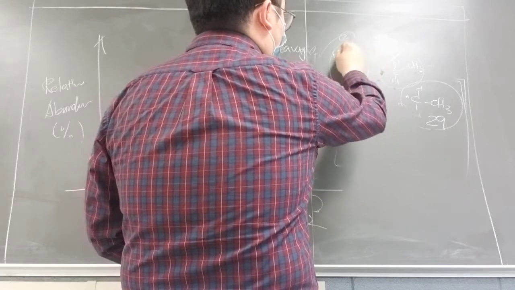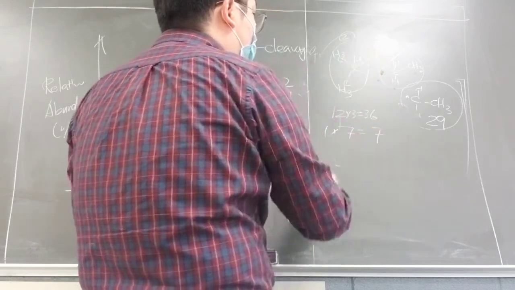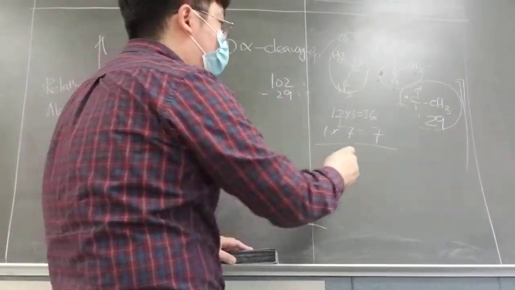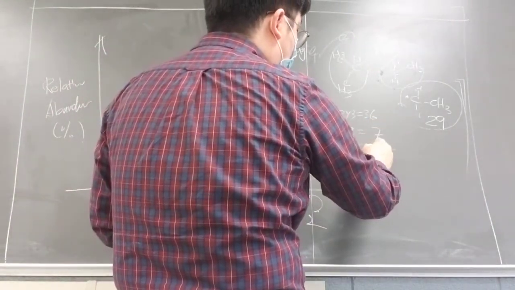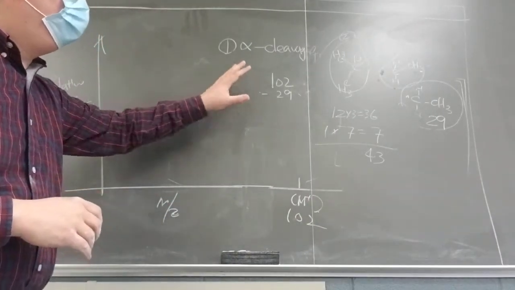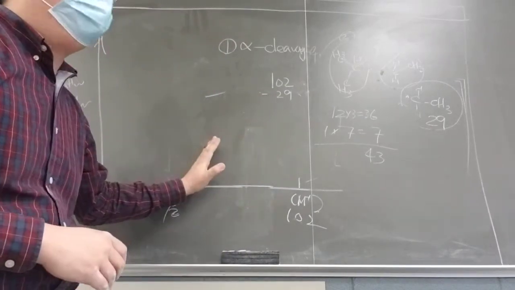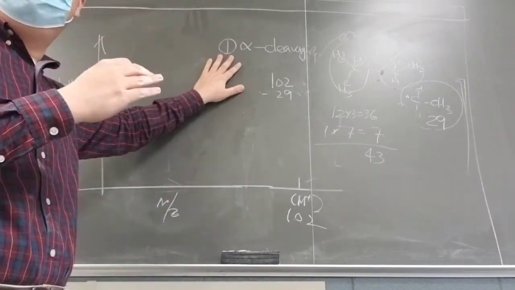But you have 7 hydrogen. So if you add them all, that's going to be 43. So either they're going to lose a 43 number or 29 will be on the peak if alpha cleavage really did happen.